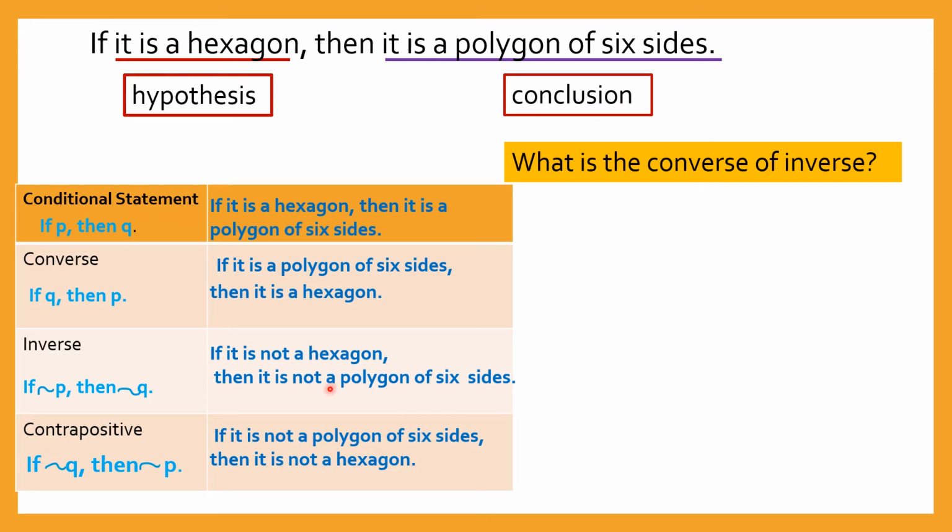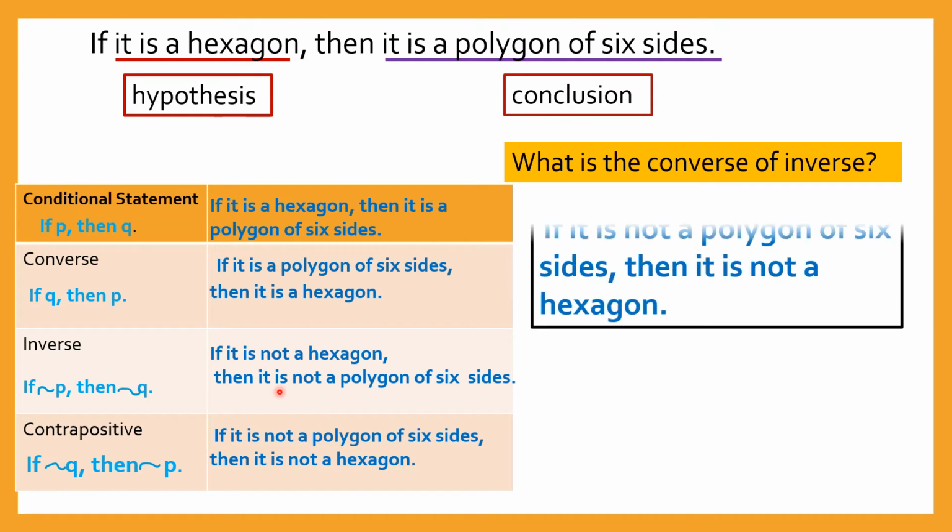When we say converse, we're just going to flip the hypothesis and conclusion, which means this becomes the hypothesis and this becomes the conclusion. So the converse now is if it is not a polygon of 6 sides, then it is not a hexagon.